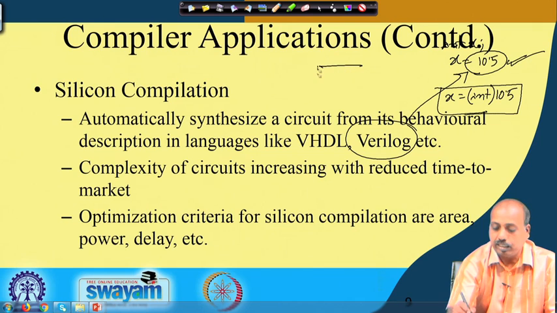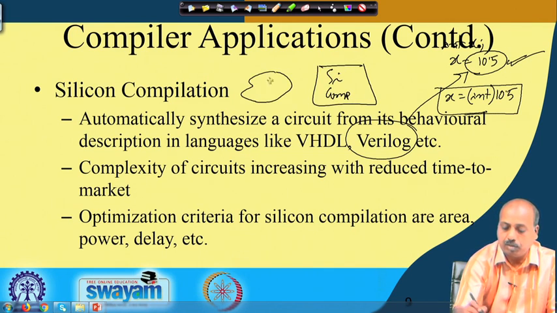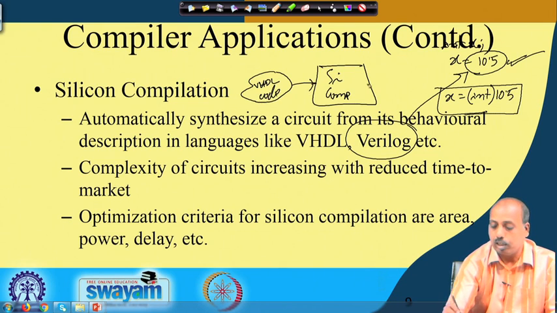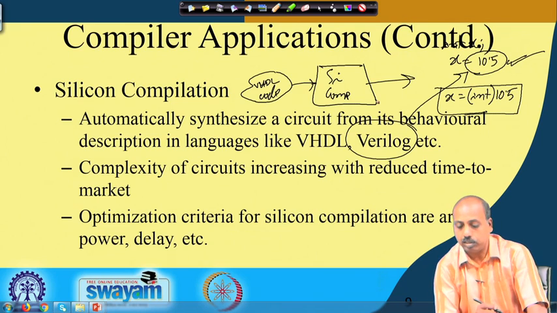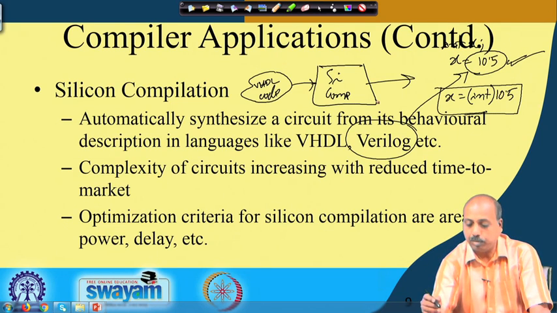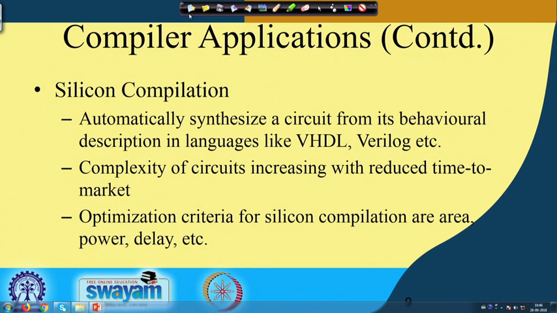So, if this is the silicon compiler, here you have this VHDL code as input, and as an output you do not have machine code, but rather you have another VHDL code, which is basically a structural level description, which we call a netlist. This is a netlist of the library components that we have.